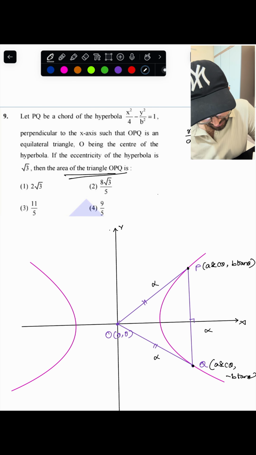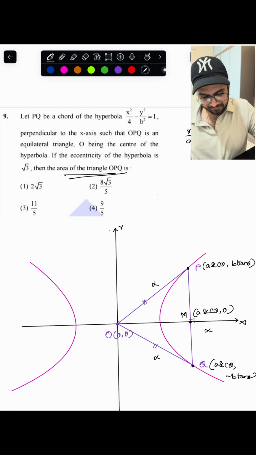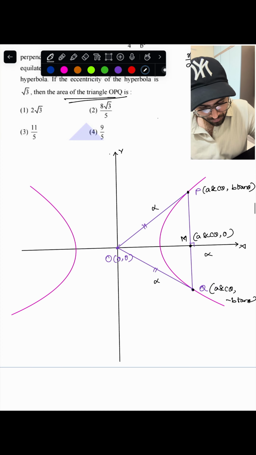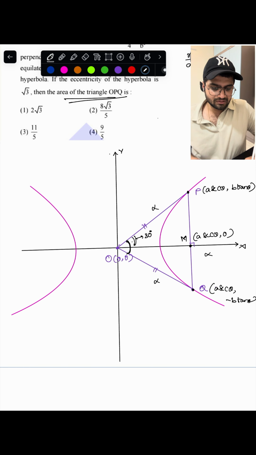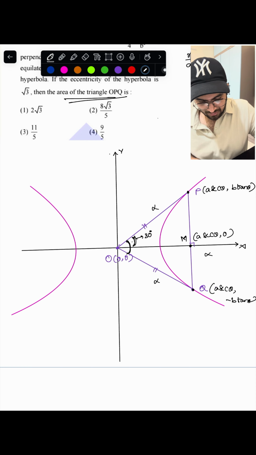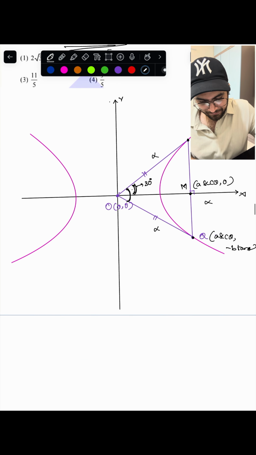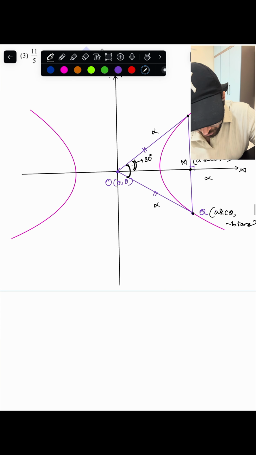Let the point of intersection of PQ with the x-axis be M, which is (a secant theta, 0). Now clearly OPQ is an equilateral triangle, so the total angle is 60 degrees. Now can I say this part of the angle is 30 degrees, right? So clearly the OP slope angle is 30 degrees.